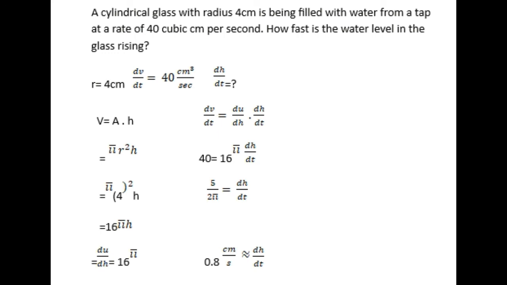And next we will transfer 16 pi to the left side and it will become 40 over 16 pi equals dH over dt, and we can reduce 40 over 16 and it will become 5 over 2 pi equals dH over dt, and by it we will come up with our final answer, which is 0.8 centimeter per second equals dH over dt.